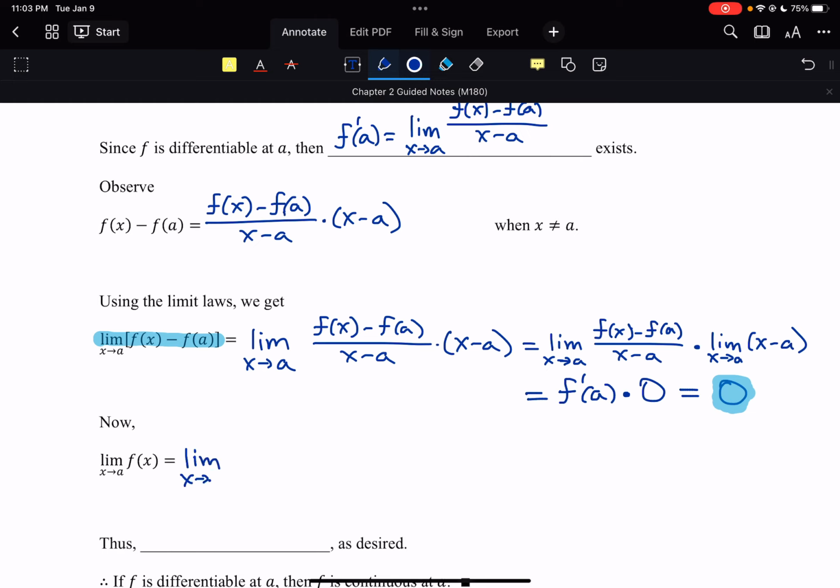This is equivalent to the limit of f of x plus f of a minus f of a. So this is another case of something that is true, if we can just follow the logic of that, right? These two are equivalent. You can add and subtract the same thing, and you haven't changed the identity of the formula.